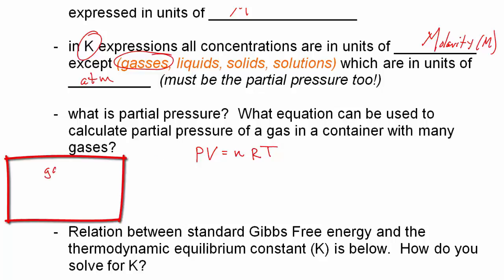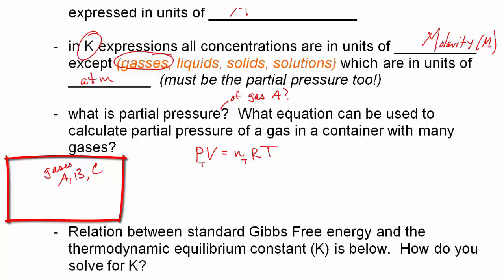Let's say we had a whole bunch of gases in this container. We had gases A, B, and C. And we want to know what is the partial pressure of gas A. So what's the pressure that's due solely to gas A? Well, we could talk about the pressure gauge, and that's total pressure, right? The volume of the container that they're all in, the total number of moles, the gas constant, and the temperature of the container.